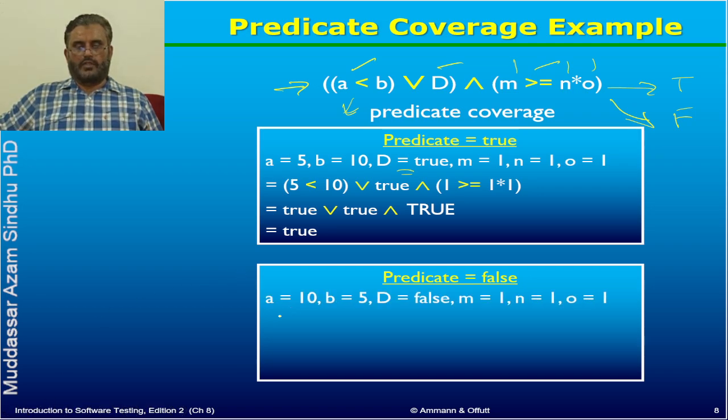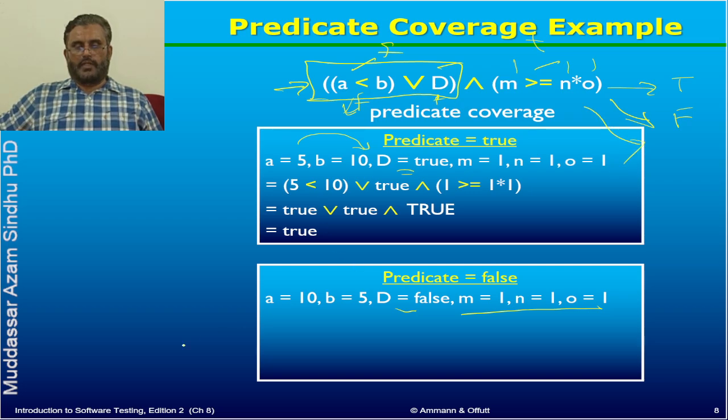So in this case you can see we just swap these values. We made a equal to 10 and b equal to 5, means this part will become false because 10 is not less than 5. We also made d equal to false. It means this whole expression on the left of the AND operator is now false, and the remaining values on the right hand side are the same, but that does not matter because false and true will give you false.